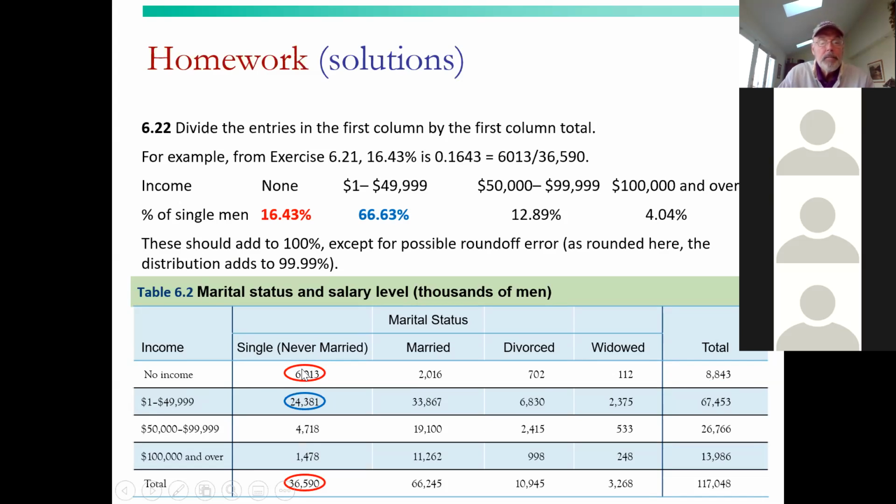All right, so if we were to think about this, 16.843% is this value divided by this one. 24.38 divided by this one here is this value. And yes, if we were to think about this, these four values right in through here, all right, will add up to 100.